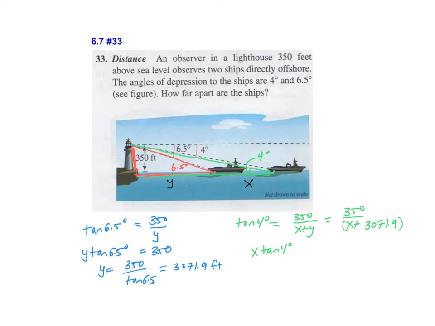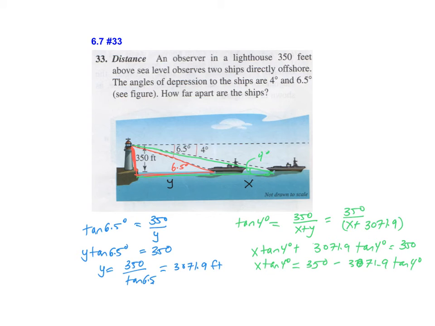Multiplying both sides of the equation by the quantity x plus 3,071.9, we're going to get x times tangent of 4 degrees plus 3,071.9 times tangent 4 degrees is equal to 350, and we want to isolate x. So we'll subtract 3,071.9 times tangent 4 degrees from both sides.